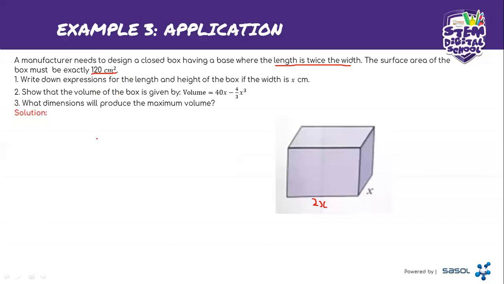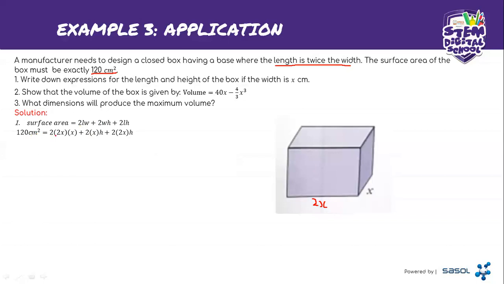Now let's see how we do that. First, you write the surface area, which equals 2 length times width plus 2 width times height plus 2 length times height. So that is the formula for surface area for this box. Then the second step, because now we have a surface area from the scenario, which is 120 centimeters squared.